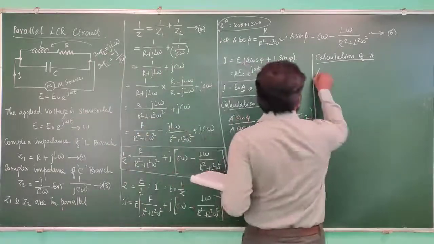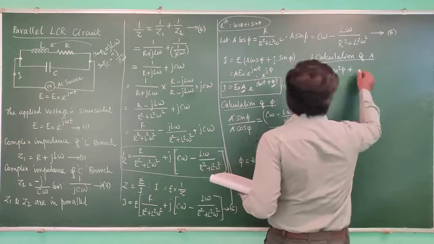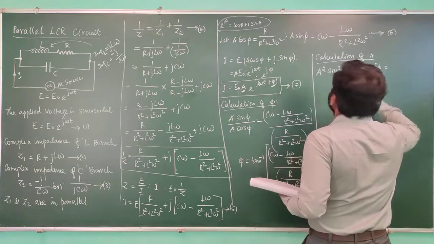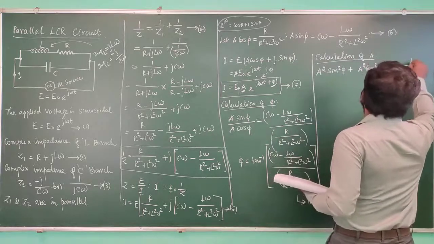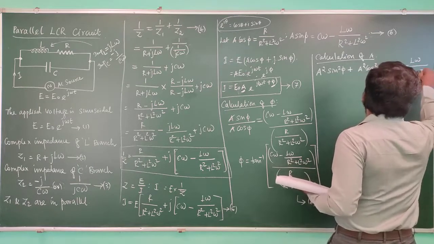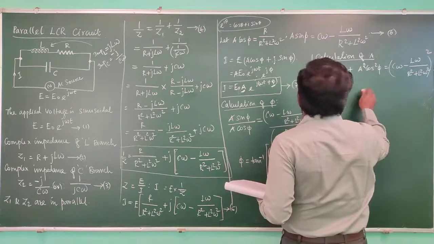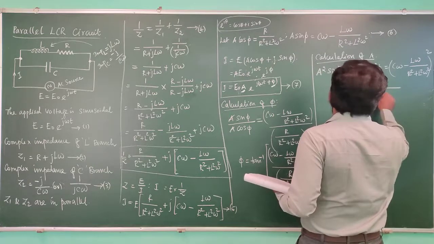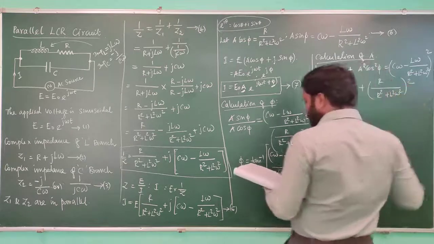So a square sin square phi plus a square cos square phi is equal to (C omega minus L omega by R square plus L square omega square) the whole square plus (R by R square plus L square omega square) the whole square.